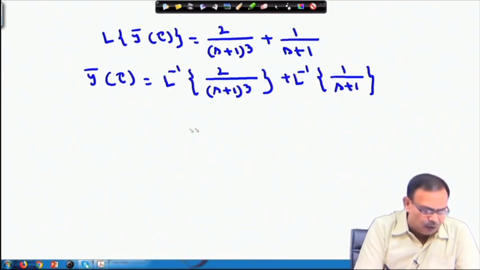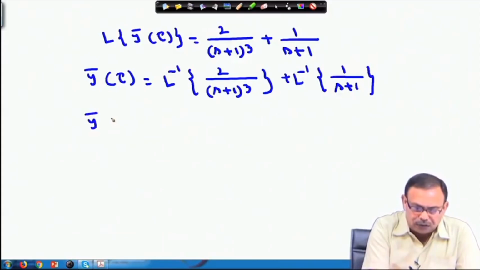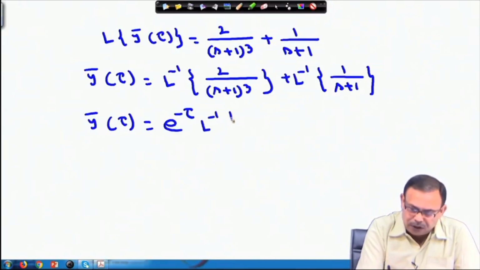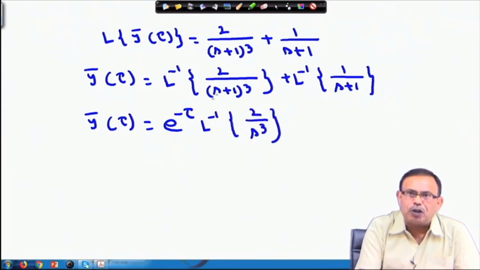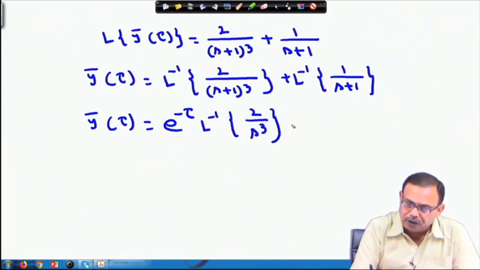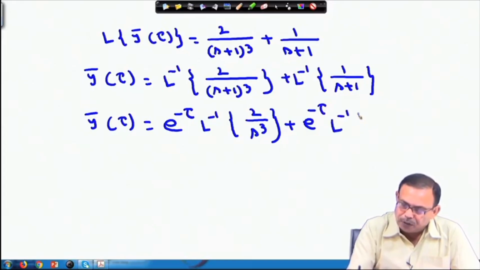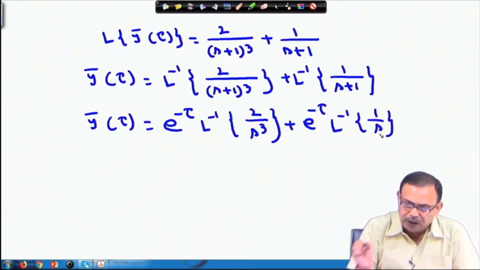I can break the s plus 1, so e power minus tau, Laplace inverse of 2 by s cube, plus e power minus tau, Laplace inverse of 1 by s.